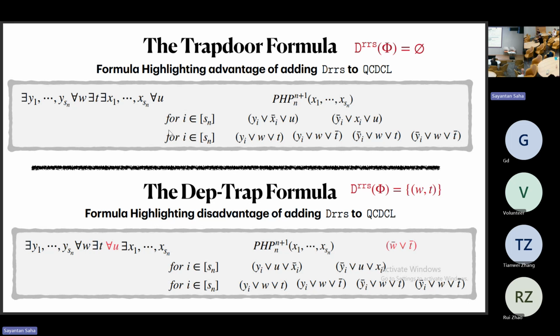But the disadvantage comes from this: suppose we just shift the quantification of u earlier and add a single clause, w bar t bar. Now this formula becomes easy when there are no dependencies, because since the u's are quantified before the x's now, deciding a y does not propagate anything. After my y's, I decide a w, and I can get a conflict from the third row. But the moment I have my dependencies, since t depends on w, there are no reductions there.